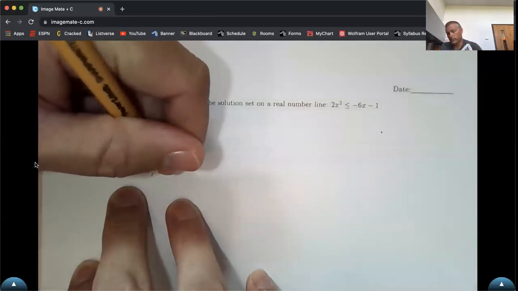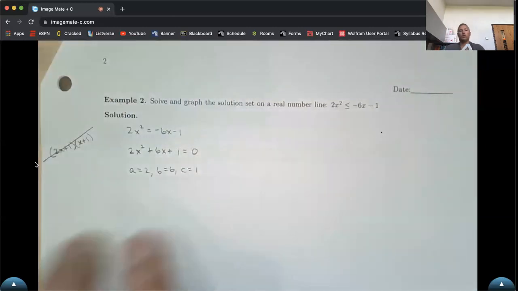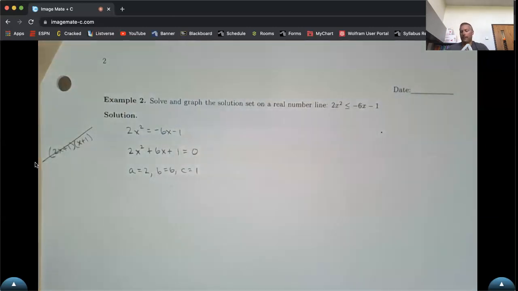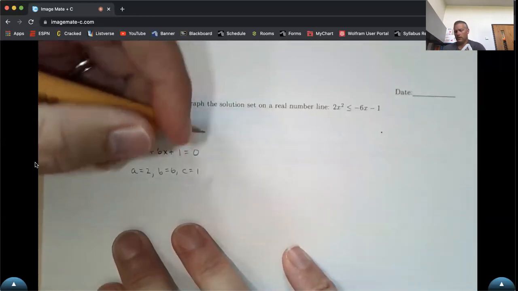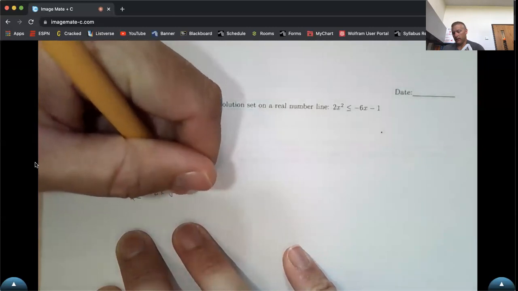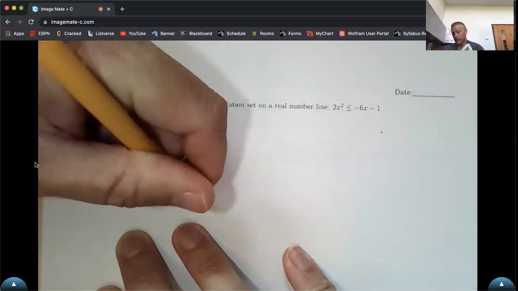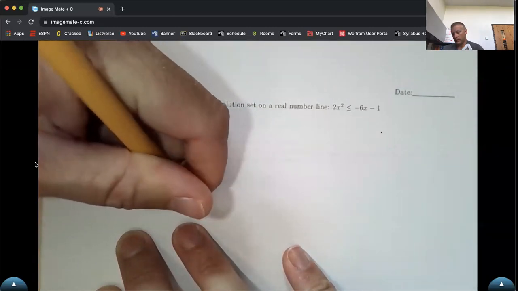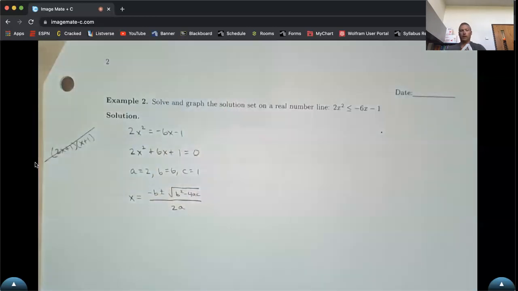Then we're going to need the quadratic formula, with a equals 2, b equals 6, c equals 1. So x is negative b plus or minus the square root of b squared minus 4ac all over 2a.